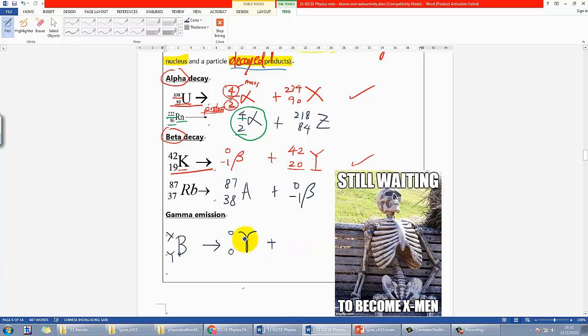Then what you have after emitting gamma is still the same mass number and the same number of protons. One thing you may want to notice is that in some textbooks, they put a star next to it to show that this is at a higher energy state, or something called an excited state. They are excited, so they will emit energy, and afterwards they become the normal state, or the low energy state.